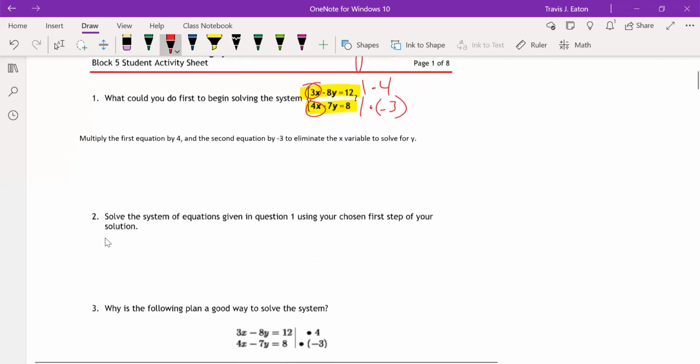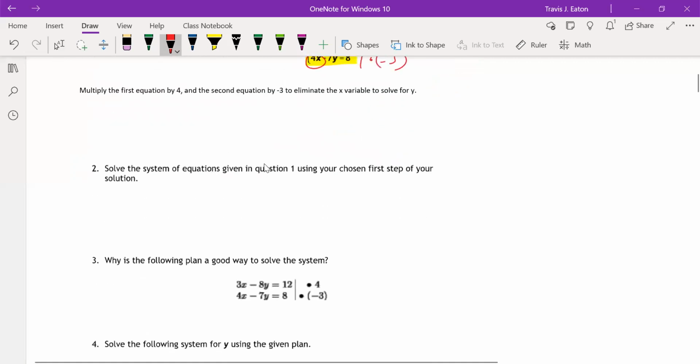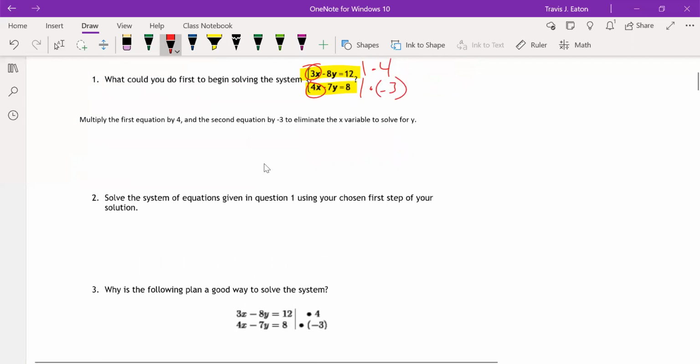Now, question number 2 then says, solve the system of equations given in question 1 by using your first step of your solution. So we can certainly do that. And so let's begin that process.